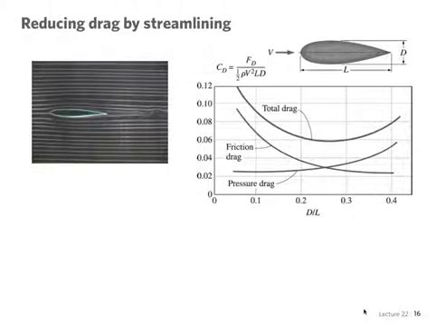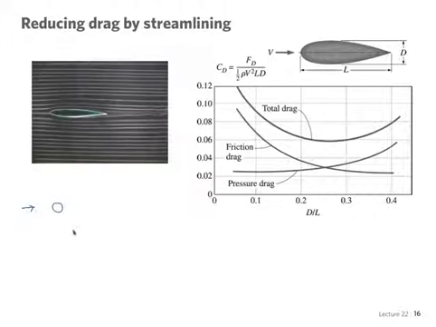But notice that streamlining will have opposite effects on pressure drag and friction drag, because to produce a streamlined object, you may be forced to increase the area for a given cross-sectional area.